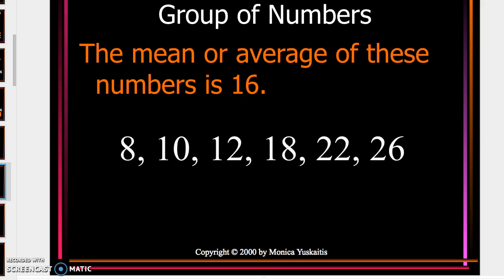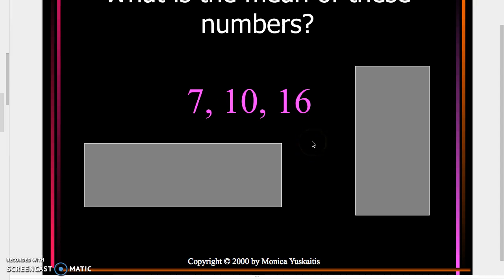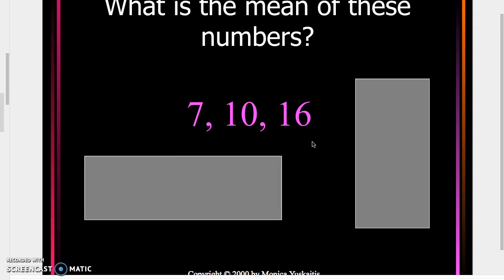So I'm going to give you a chance to practice some. What is the mean or the average of these numbers? 7, 10, 16. What's the first thing you do? You would add them all up together. So 7 plus 10 plus 16. That's what I've done right here.